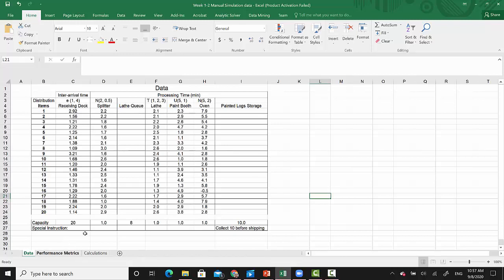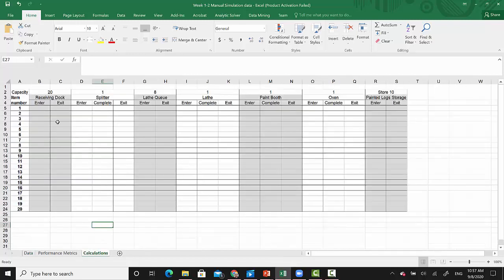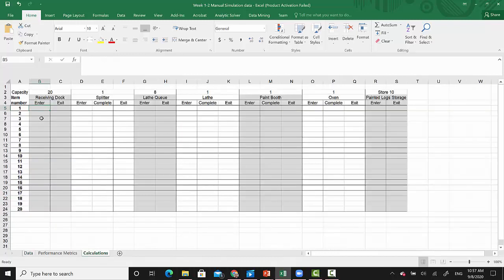So let me give you some hints on how to calculate that. We need to really start slow and look at the first few items. For example, the first item, when does it enter into the receiving dock? It's at 2.92 minutes.